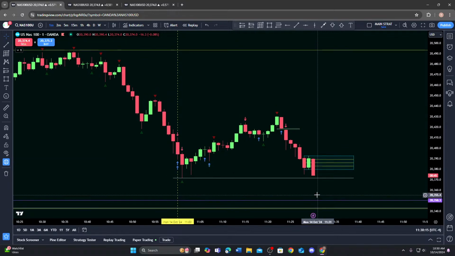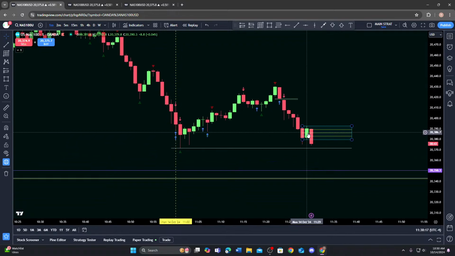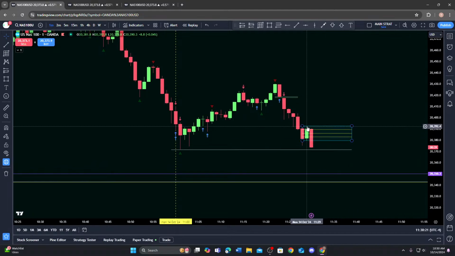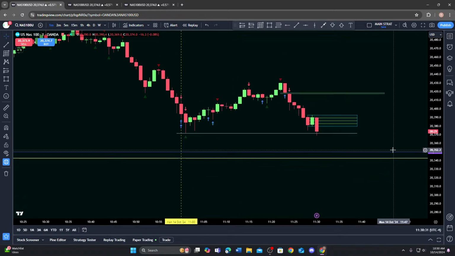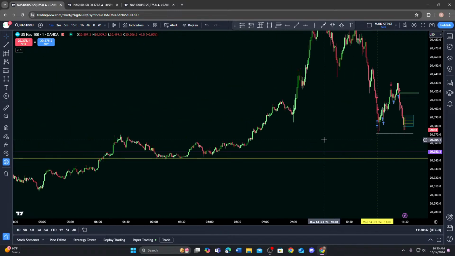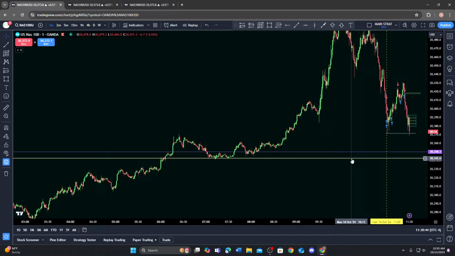If we are going to continue to go lower, price should not move above this candle's high. We've taken out minor sell side here. We could be hunting for this down here.